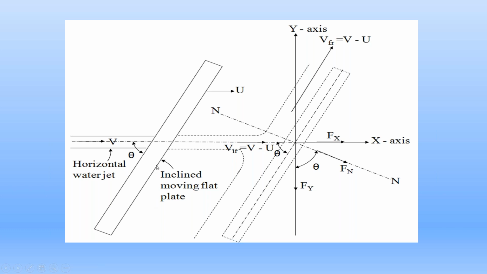If you solve the problem by using that angle of 60 degrees, the entire problem is incorrect. Because in the force equation derivation, we must consider the angle made by the inclined flat plate with horizontal, that is the direction of the water jet, not with vertical.